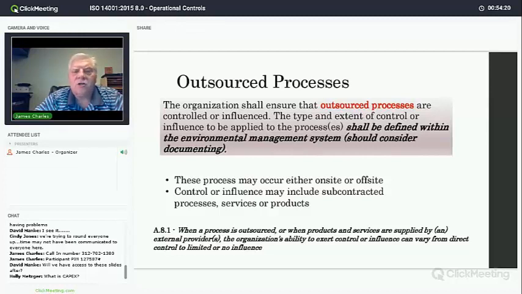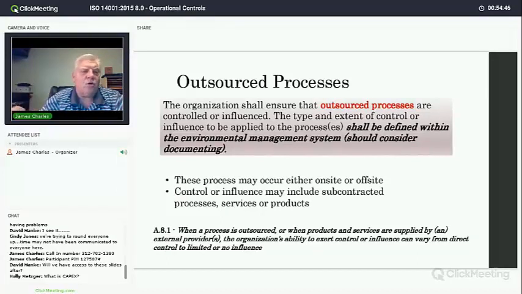So the standard says the organization shall ensure that outsourced processes are controlled or influenced. That's pretty specific. We're going to control or influence these outsourced processes. Then it says the type and the extent of control or influence to be applied to the process shall be defined within the environmental management system.